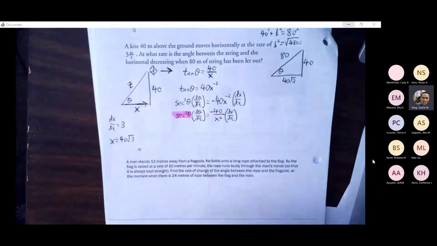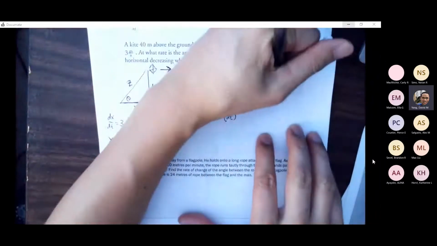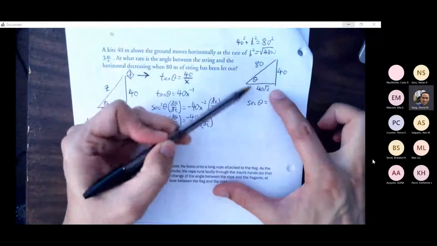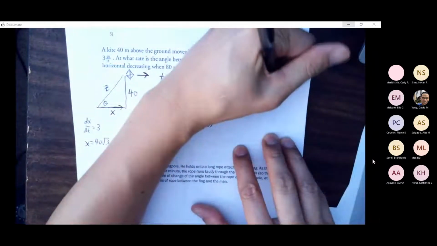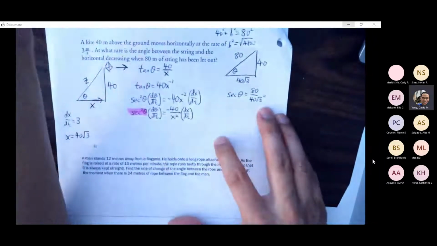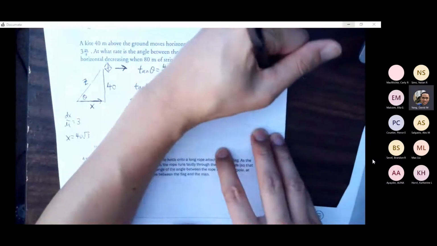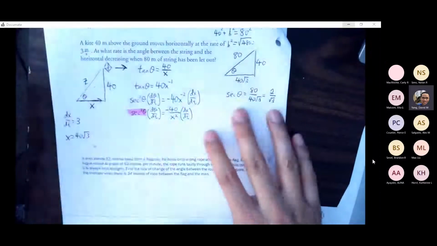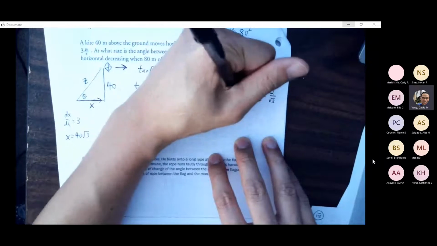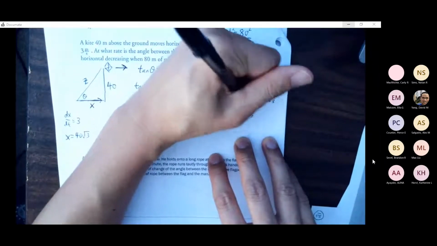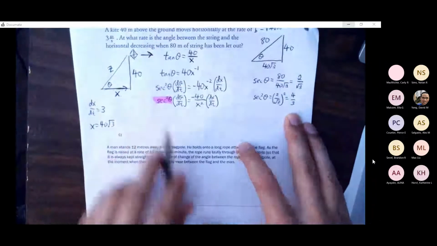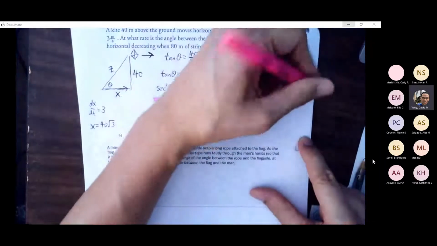Secant theta is hypotenuse over adjacent, so 80 over 40√3. 80 and 40 reduce nicely to 2 over 1, so 2 over √3. And if secant is 2 over √3, then secant squared theta is squaring that, which is 4 over 3. So I have a replacement for secant squared theta.